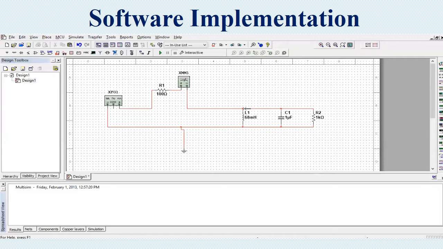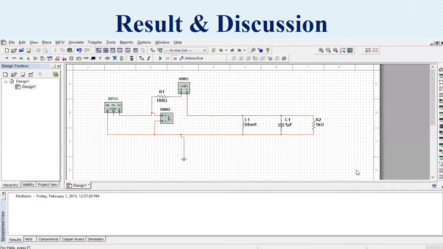After this, I will connect another multimeter for the measurement of voltages in the circuit. So select a multimeter and press Ctrl R, and I will connect positive with the positive terminal and negative with the negative terminal. So now my circuit is completed. This is how we can implement the resonance-based RLC circuit in the NI Multisim software.